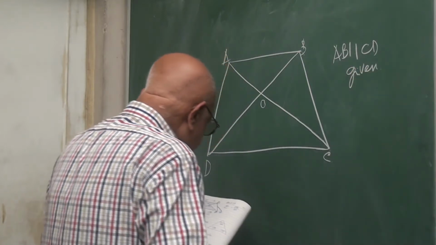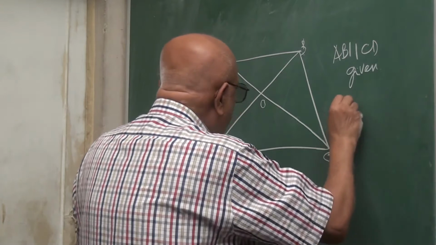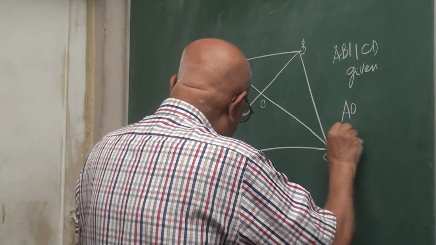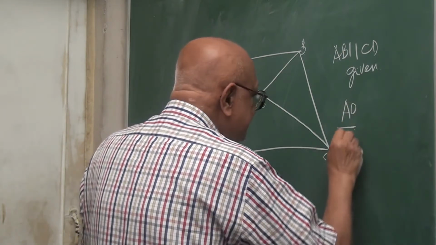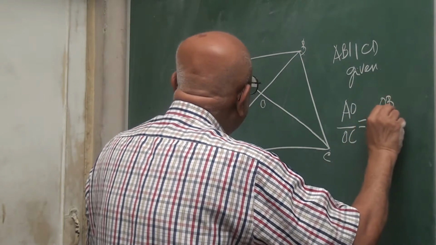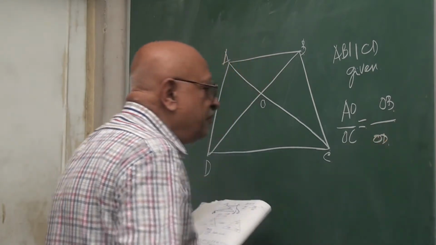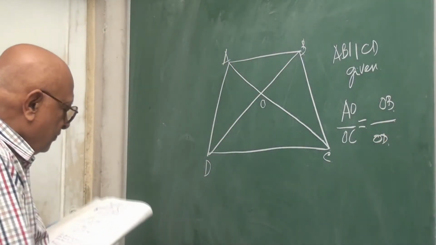So prove that AO by OC is equal to OB by OD. This you have to prove. How do you prove this?